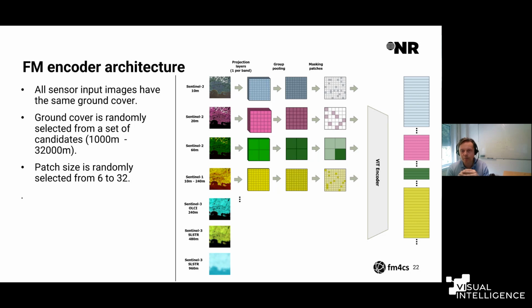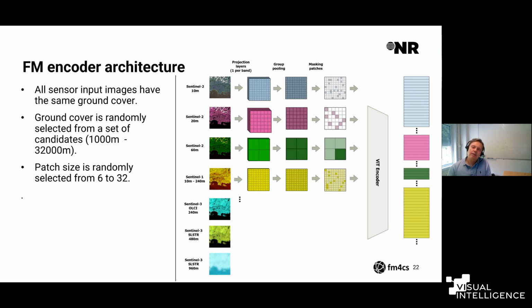We randomly sample how big this should be, from 1,000 to 32,000 meters. We are also thinking about extending it a little bit to more than 32,000. The patch size is also randomly selected from a range of 6 to 32 in this case. So we don't have to restrict ourselves to a specific patch size, which is a little different from many of the other foundation models developed in Earth observation, which are locked to, say, 16 by 16 pixels.